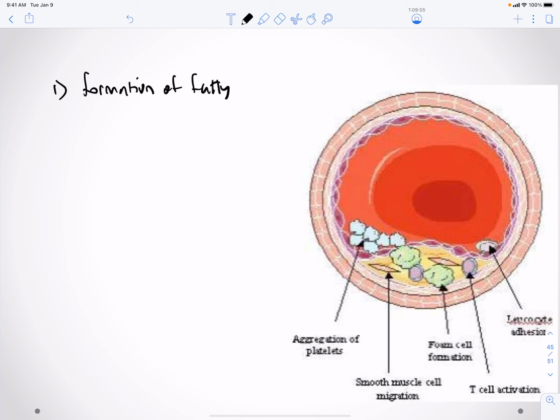And remember that the fatty streak is just simply an aggregate of foam cells, of your macrophages.